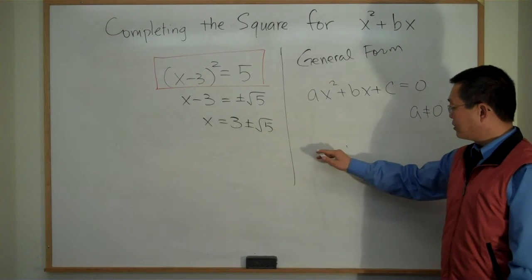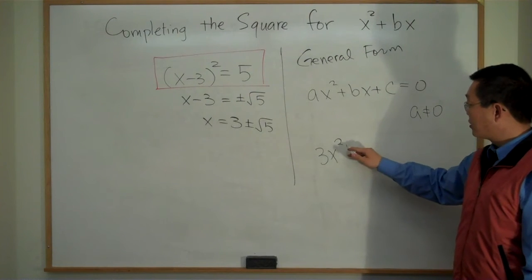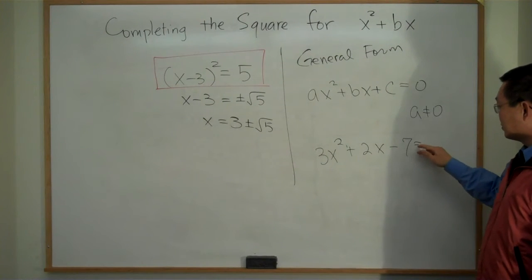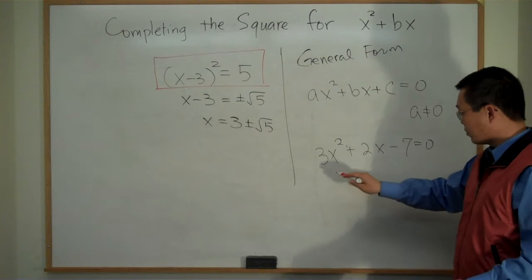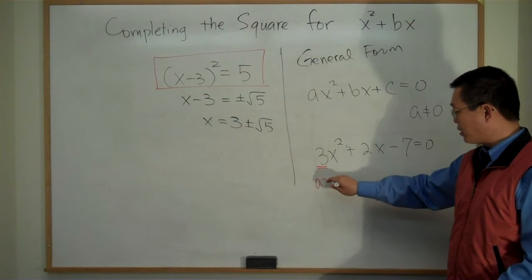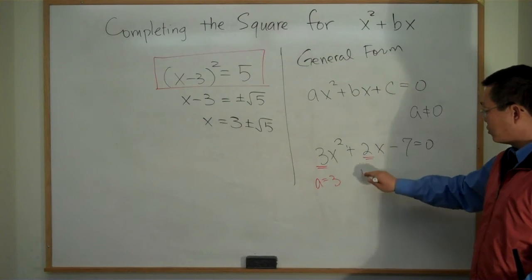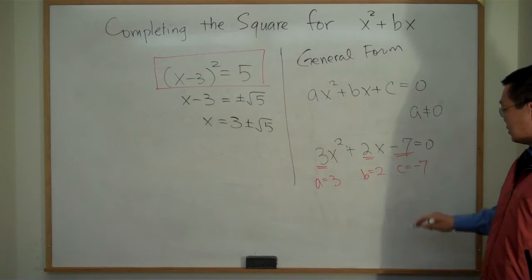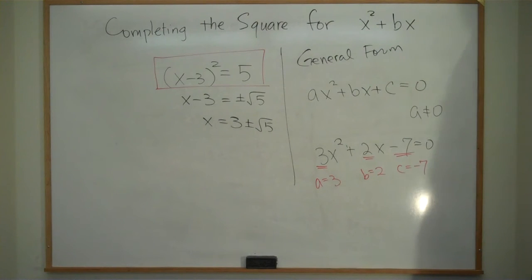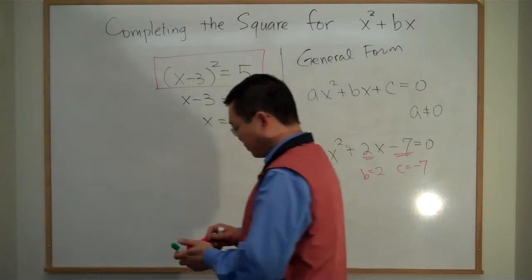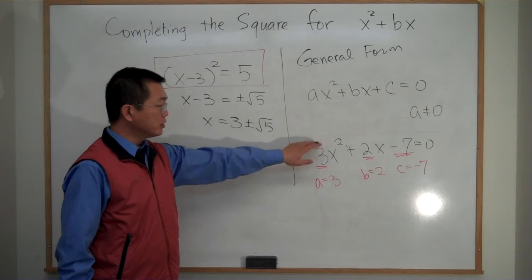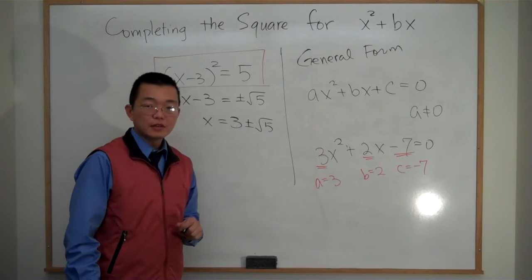For example, say 3x squared plus 2x minus 7 equals 0. Here a is the coefficient of x squared, b is the coefficient of x, and c is the coefficient of 1, or you say that's a constant coefficient. Now if you look at this case, okay, in general, if you want to solve a quadratic equation, it's a lot harder.